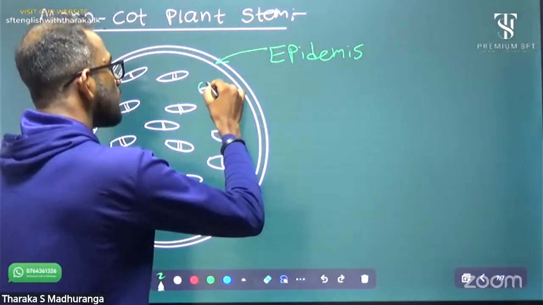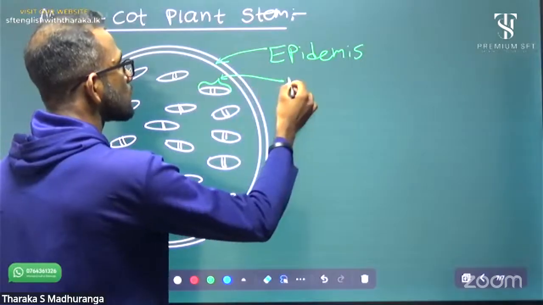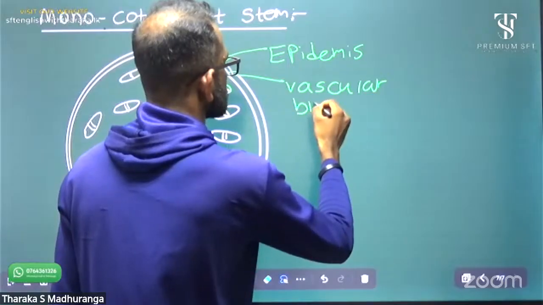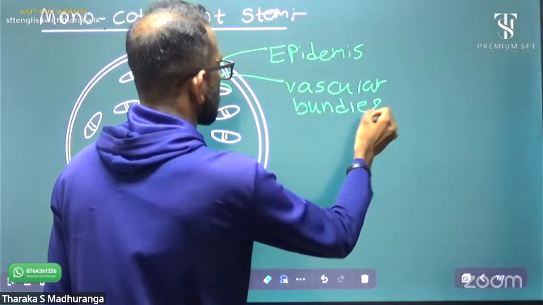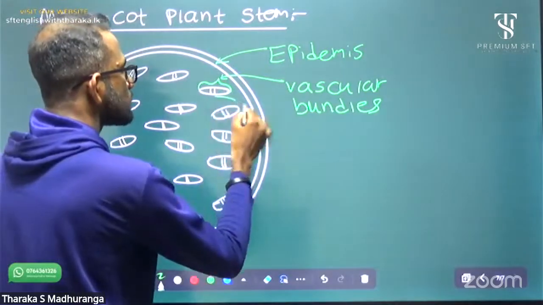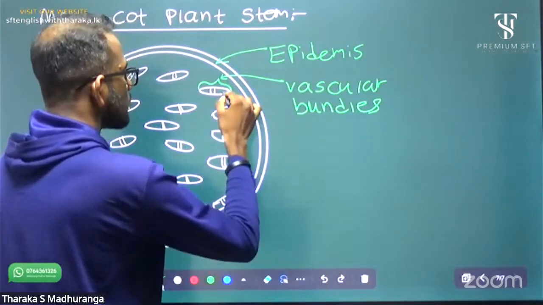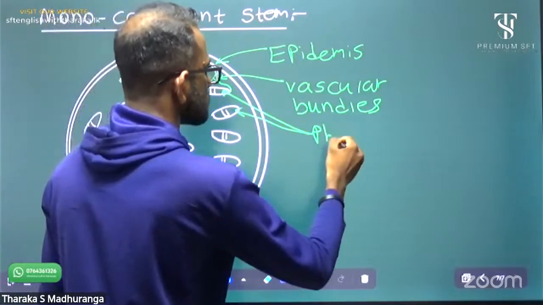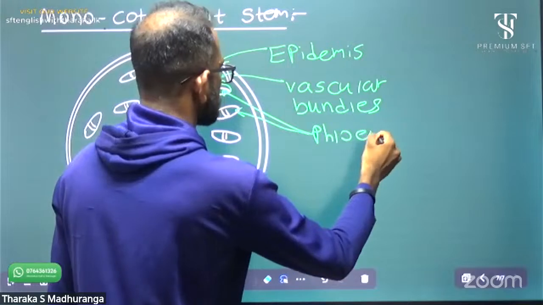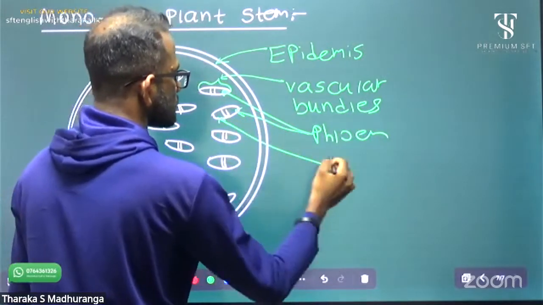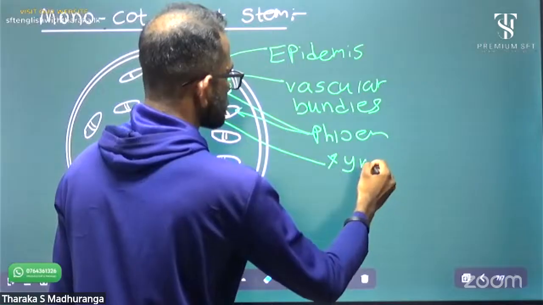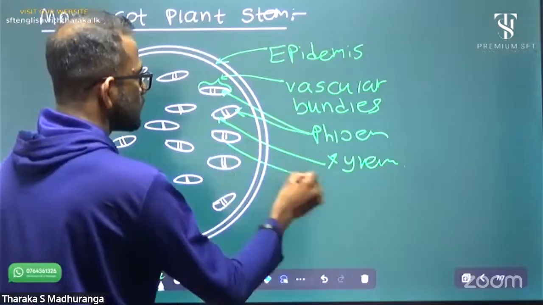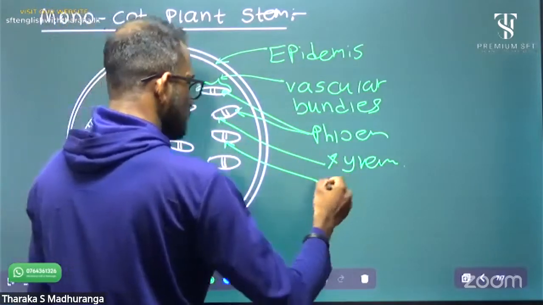They are the vascular bundles. And they are the xylem and phloem, you already know. What are these? Outer one, phloem. Inner one, xylem. And it is meristem.